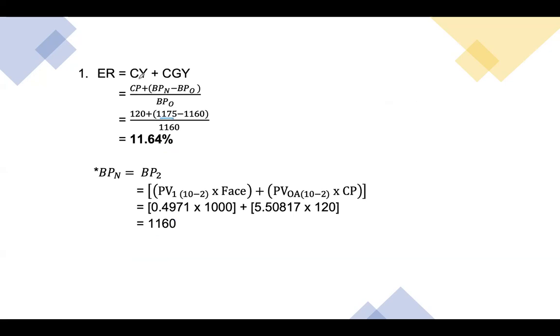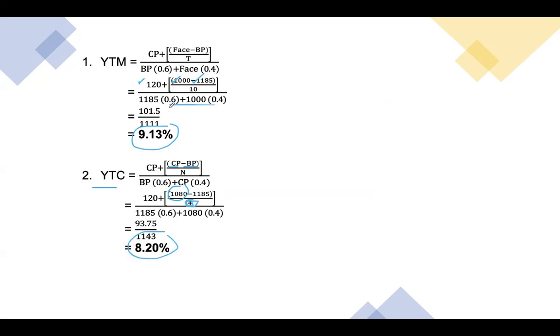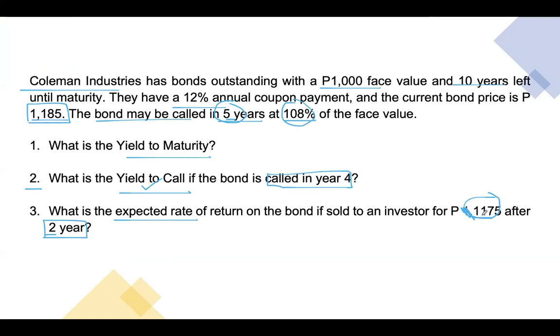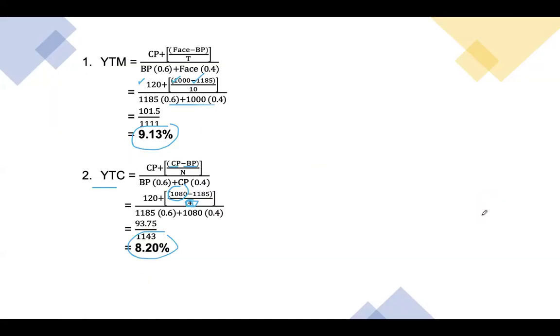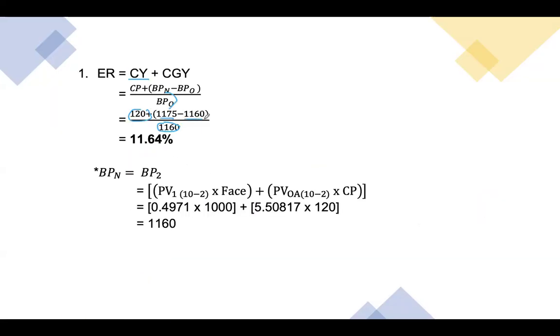Current yield is coupon payment over the bond price old, so that's 120 over 1,160. Bond price new is the selling price, 1,175, while the bond price old is 1,160. That is the price of the bond in year 2.